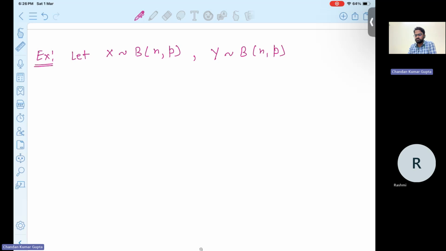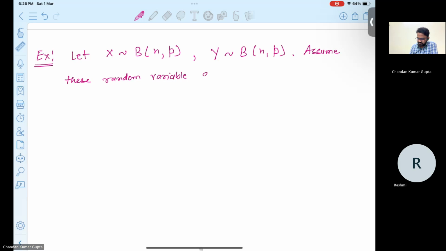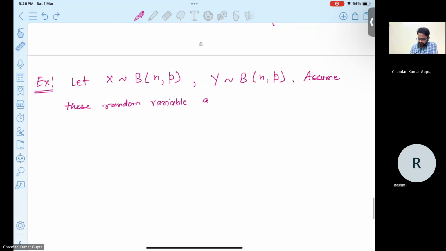Now assume that these random variables are independent.